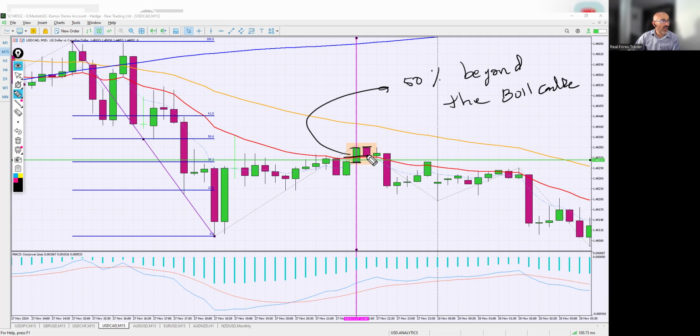If the bear candle had closed around 40, 30% or less, I do not take it as a valid dark cloud cover, right? But in this case, it is, because it's around 55% beyond the midpoint of the bull candle.